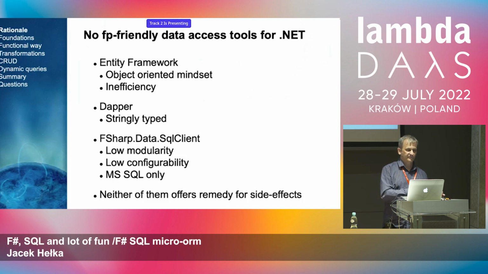So it transforms a result set to some records. It's a nice tool, and it would be a much better choice than Entity Framework for a functional program. But there was one problem.